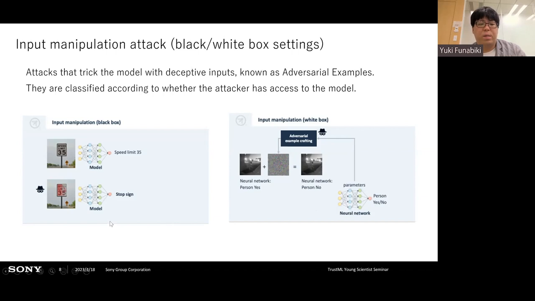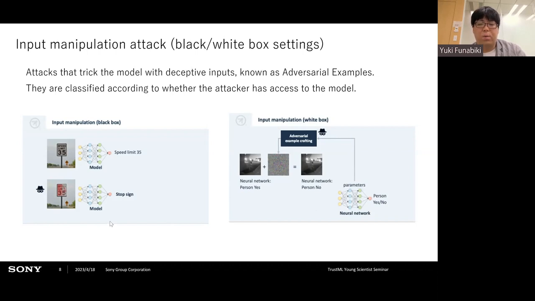For the model, these are different inputs, but for human eyes, they are the same content. For the model, there are several input data, and the output may be at a different level. So this is the input manipulation and the resulting effect of adversarial examples.